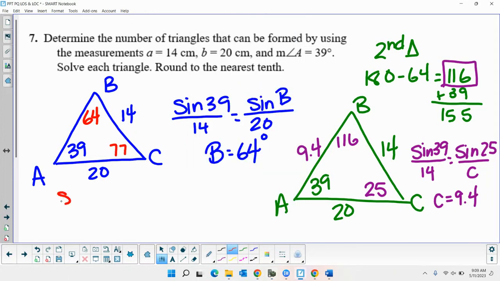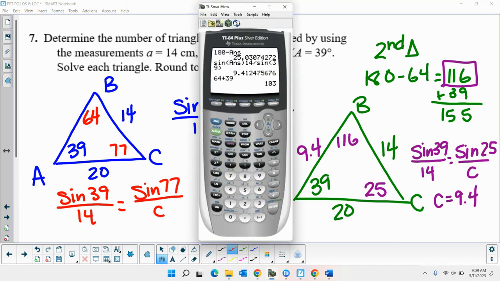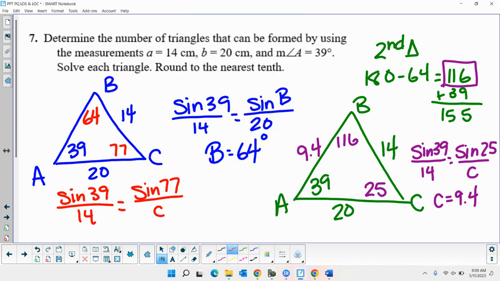Then I'm going to go sine of 39 over 14, and sine of 77 over C. So 14 sine 77 divided by sine 39 and get 21.7. And I'm all done with that problem.